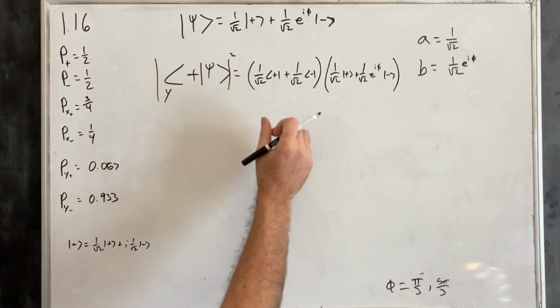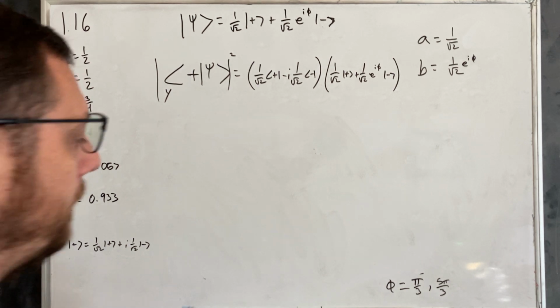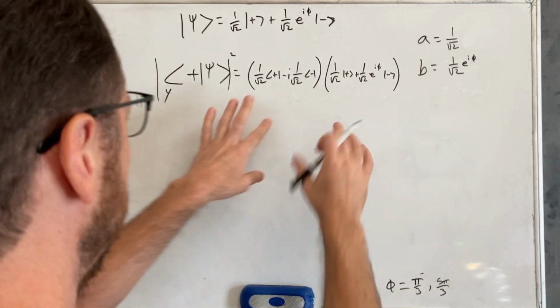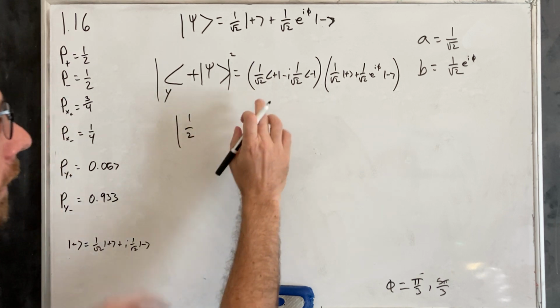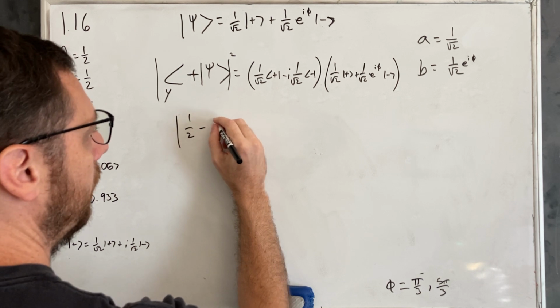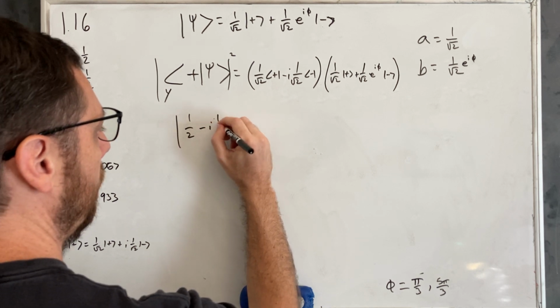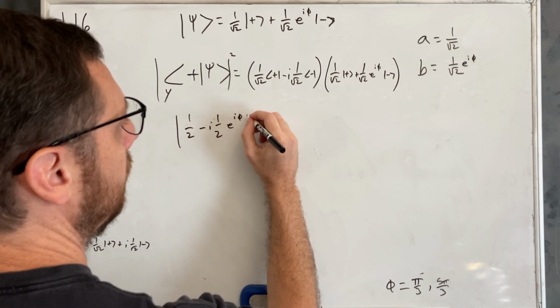So taking the bra, we're going to invert that, and that's going to become negative i. Okay, so same thing we did before. We're going to have 1/2 there. We're going to have a negative this time, negative i 1/2 e to the i phi.